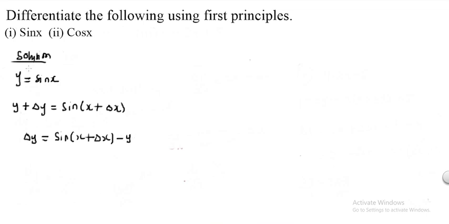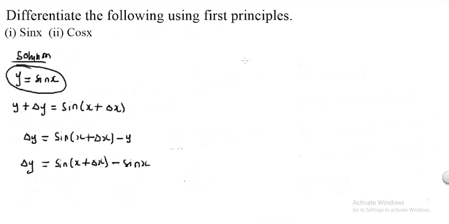Now remember from the beginning, y has a value of sine x. So I'll plug sine x in as y here. So this is equal to sine open bracket x plus change in x minus sine x, and this is change in y. Now at this point, we need to bring in a trigonometric identity to help us solve this problem.